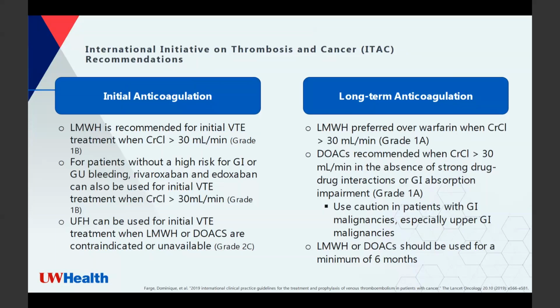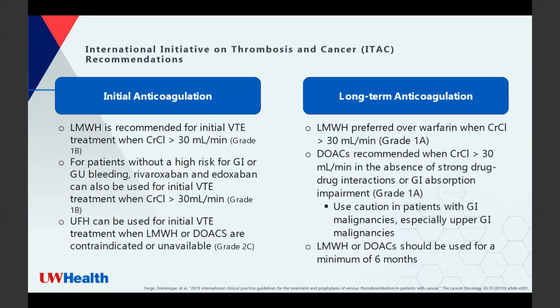ITAC guidelines also recommend DOACs when creatinine clearance is greater than 30 in the absence of strong drug-drug interactions or GI absorption concerns. They also recommend DOACs should be used with caution in patients with GI malignancies, especially upper GI malignancies.